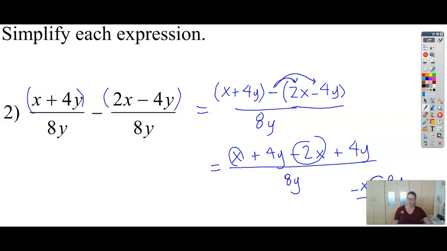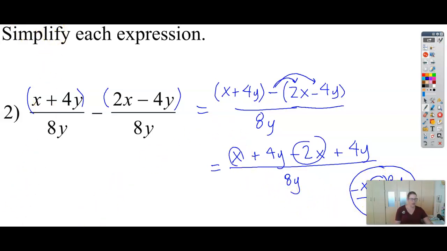So this plus right here makes it so that 8y cannot be canceled because it's only half of this negative x plus 8y. So be really careful with that. You can always cross them out if they match, if they're multiplied by the things next to it, but if they're added or subtracted, you need to make sure that the entire thing matches before you cancel anything out. So negative x plus 8y over 8y would be the result here.